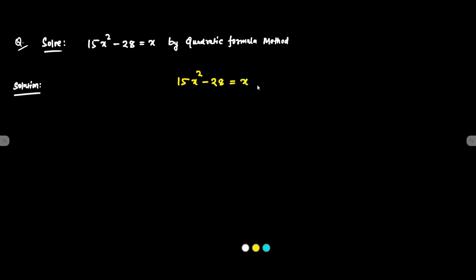This is not in the proper quadratic equation format, so that implies 15x square minus x minus 28 is equal to 0. This is the given quadratic equation.